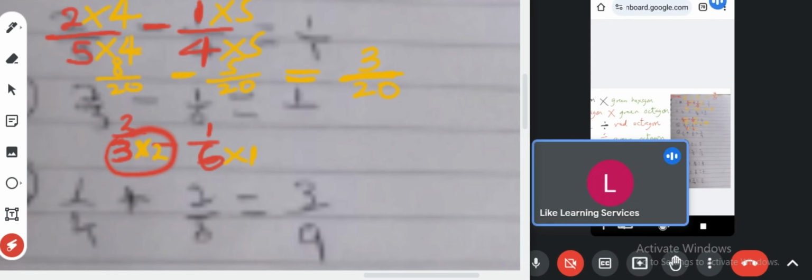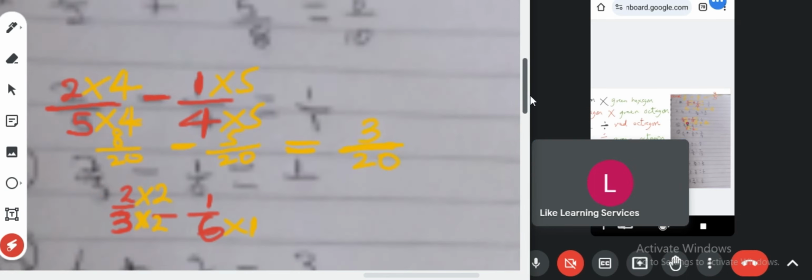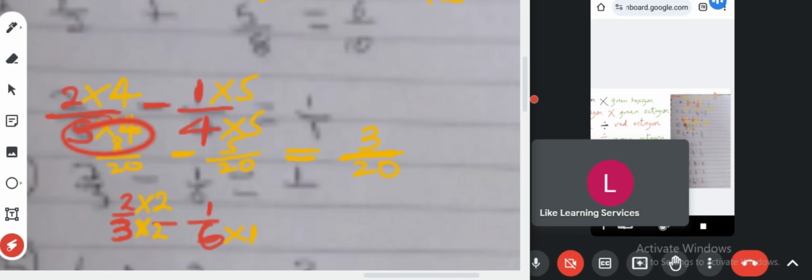Remember, whatever you do to the denominator, you have to do the same to the numerator. So it should be 2 times what? 2 times 2. The number we used for the denominator is what we're going to use for its own numerator.